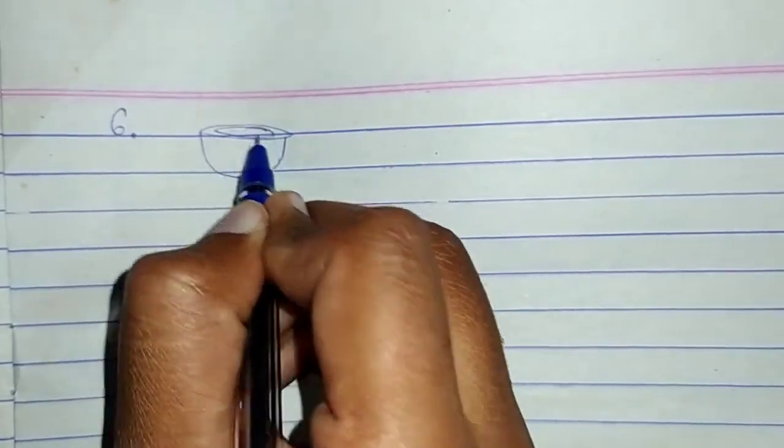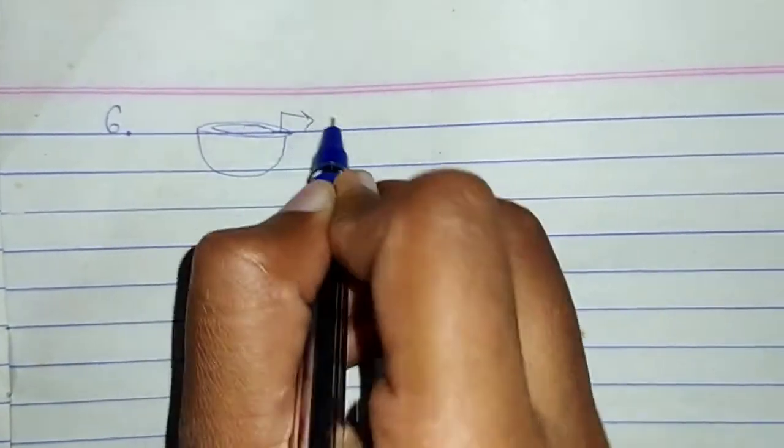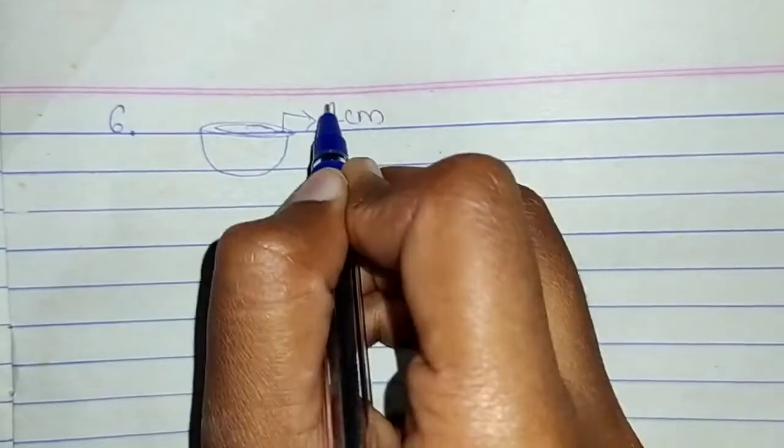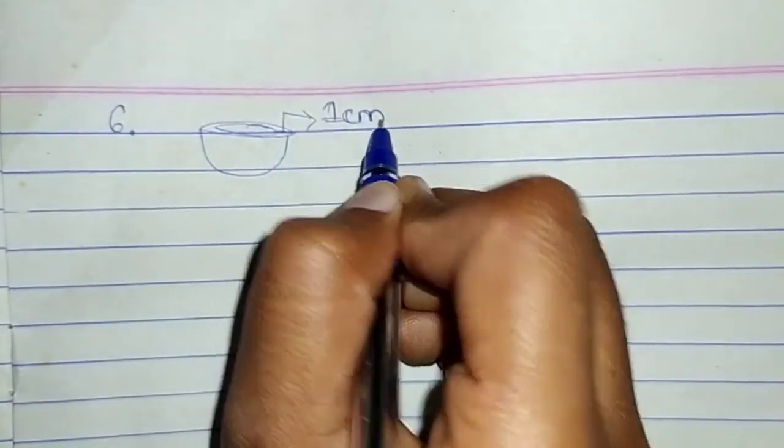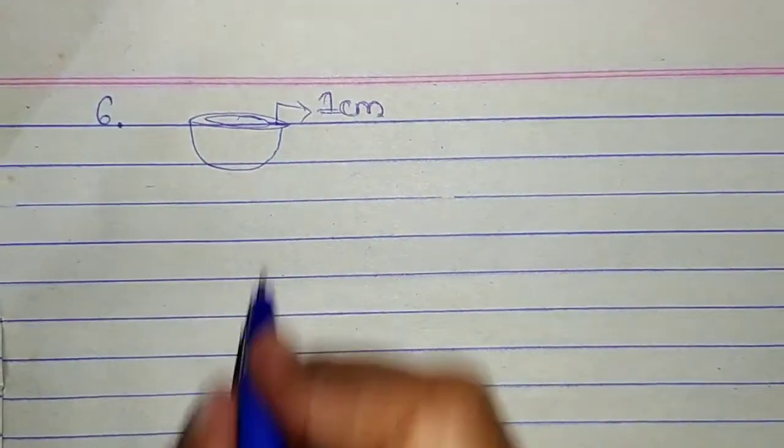In the sixth question, we have a hemispherical tank, which is made of an iron sheet of thickness 1 centimeter, and the inner radius r of the tank is equal to 1 meter.